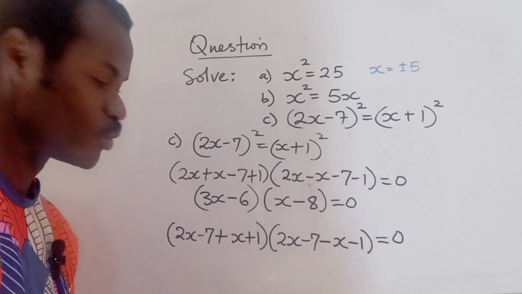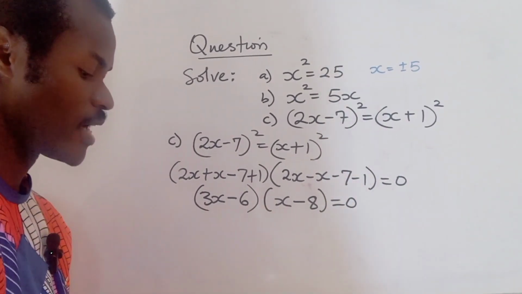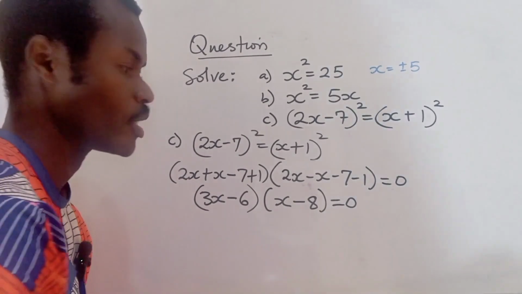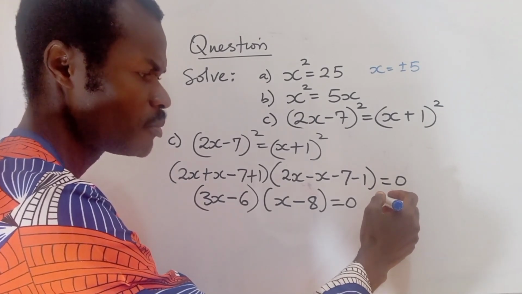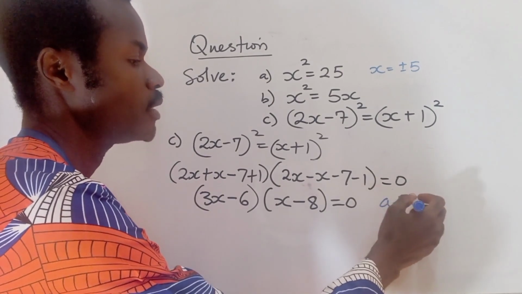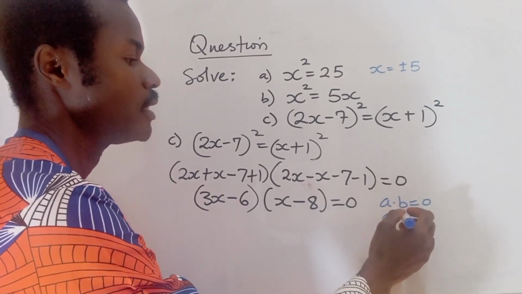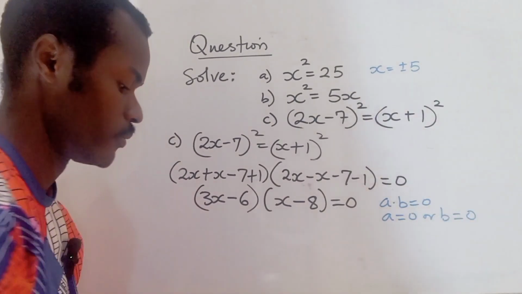Now from this, we can see that we are able to have what? Our quadratic solution, where if you have a multiplied by b equals 0, it means a is equal to 0 or b is equal to 0.